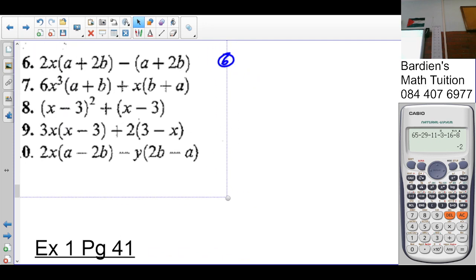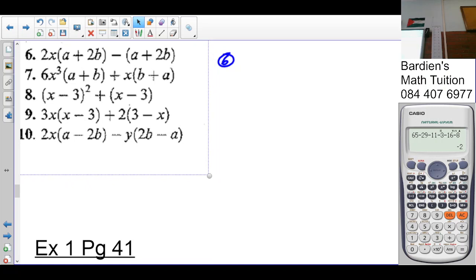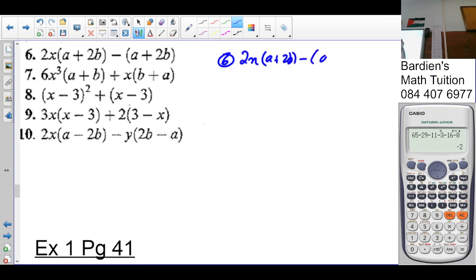Make it a bit smaller. Right. So it will be 2x into a plus 2b minus a plus 2b. Okay, what's common here? A plus 2b is common. What are we left with? 2x minus b. Not so?